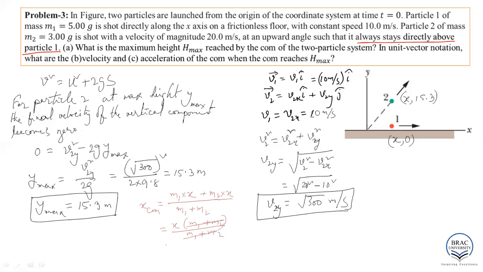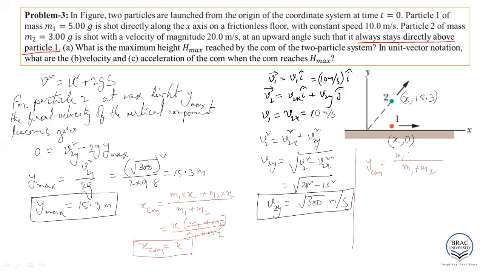Cancelling numerator and denominator, what do we get? The x coordinate of the center of mass is equal to x. Now what is the y coordinate of the center of mass? y COM is equal to, now, M1 plus M2.